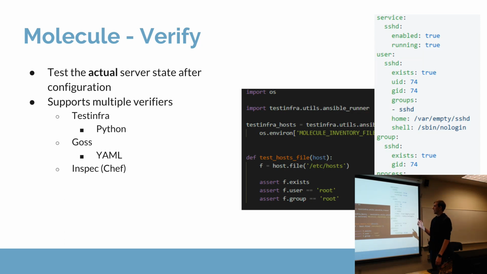Here's one for Goss, which I like because it's in YAML. And so all of my configuration is pretty much in YAML. So if I'm using the SSHD service, make sure that it's enabled and running, that I have a user that exists, and you can specify the exact user ID and group ID and a whole bunch of other properties about it.